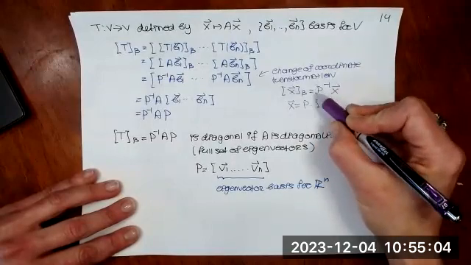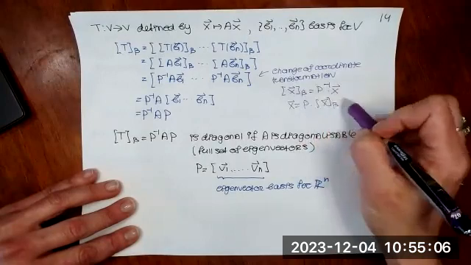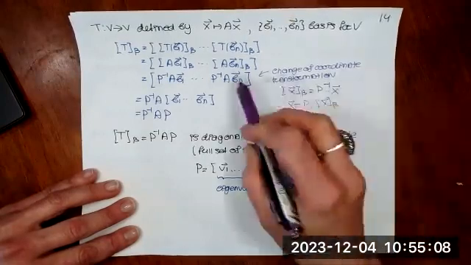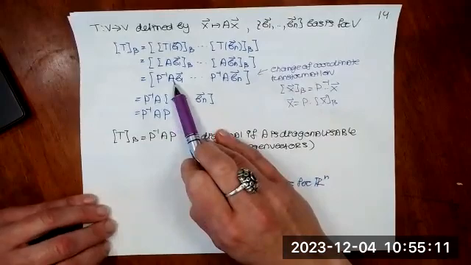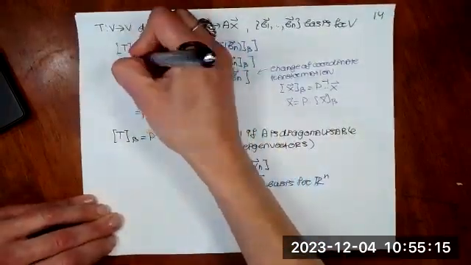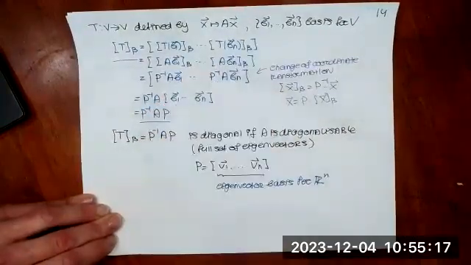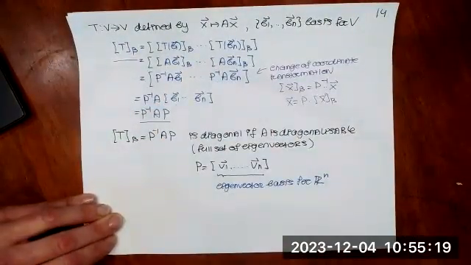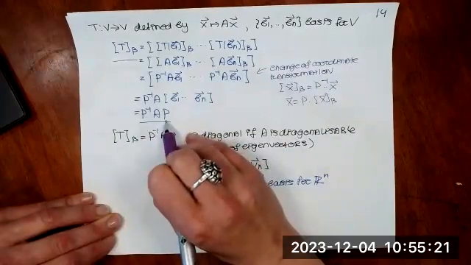That P inverse multiplication undoes the coordinate vector and takes you back to x. So that's what you're doing here. Then just factor this out. You end up with the beta representation of the linear transformation T being P inverse A P.